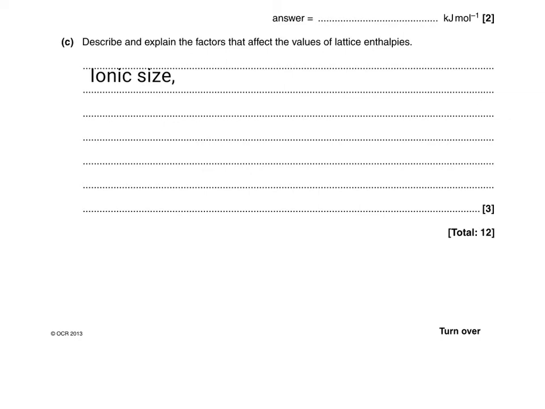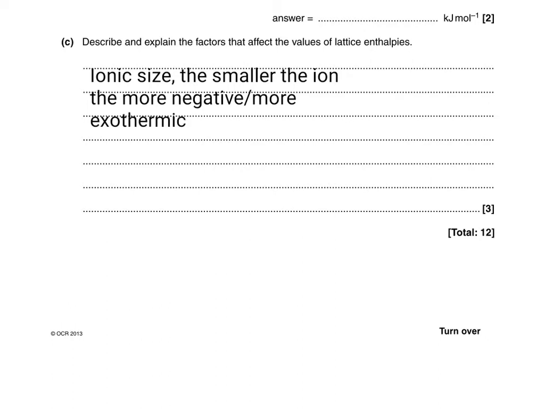So the smaller the ion, the more negative or more exothermic or more attraction between the ions.